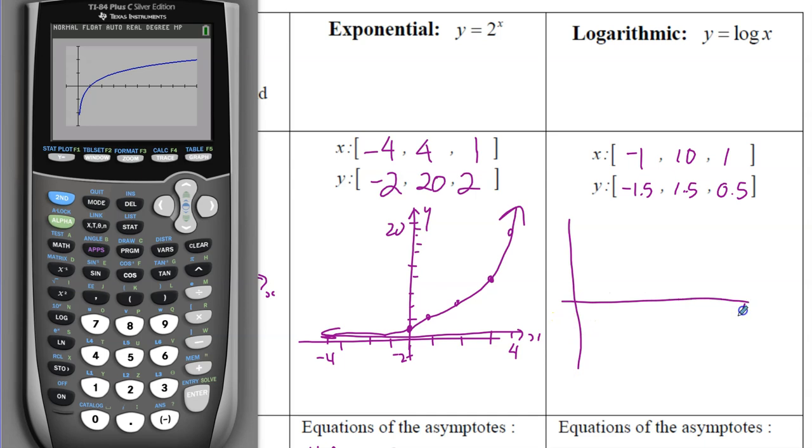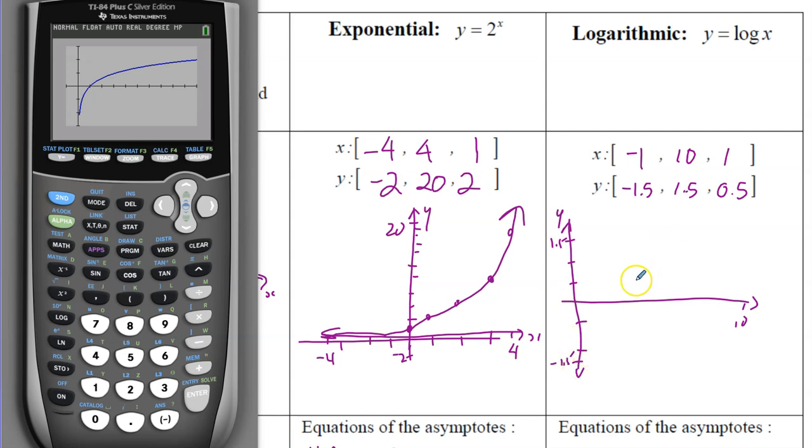We'll bring this out here. Let's call that 10. Let's call that y. That's 1.5, 1.5, -0.5, -1, -1.5.